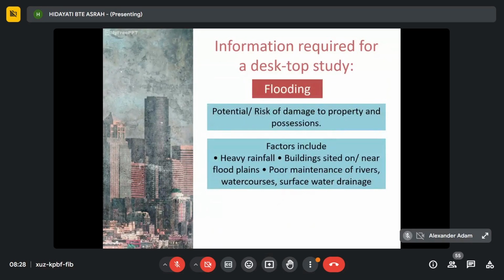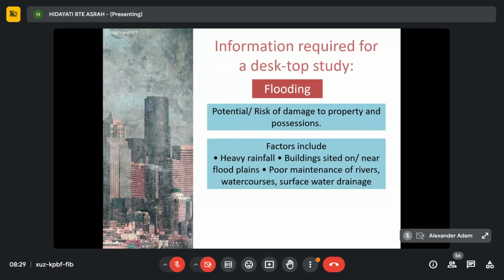Okay, next you have to determine the history of your site project, whether your area has a high frequency of flooding or not. An area which has a high frequency of flooding has high potential to cause damage to your building, to your property. So by doing the desktop study, you can identify the factors that cause the flooding.